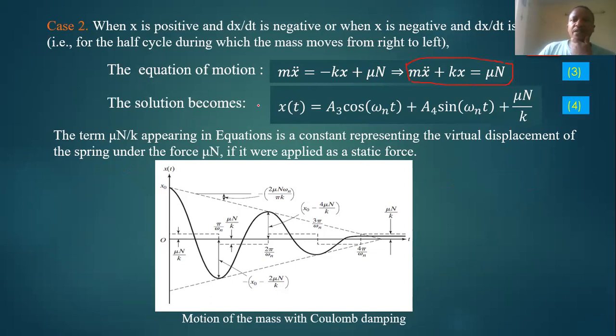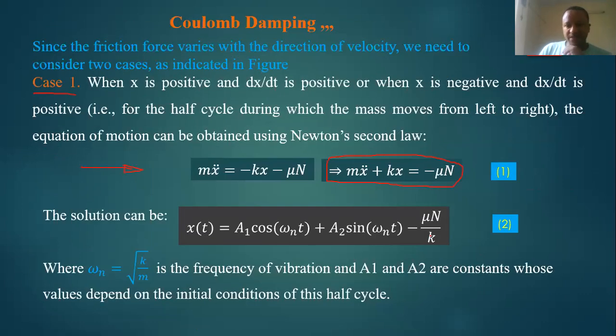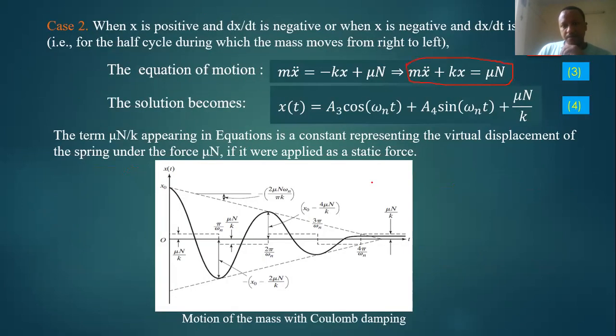Let's consider another solution for this case: A3 cos omega n t plus A4 sin omega n t plus mu N over k. Because it is plus here, whereas it was minus before, we used it like this. The term mu N over k appearing in the equation is a constant representing the virtual displacement of the spring under the force mu N, the friction force, if it were applied as a static force.